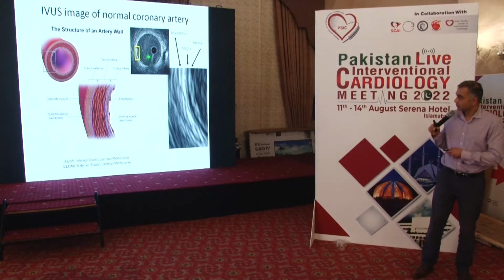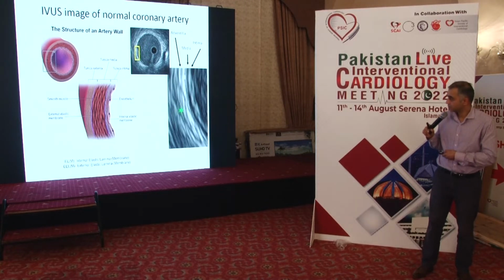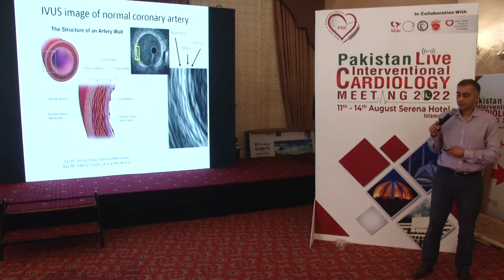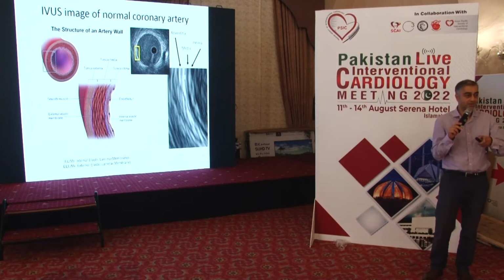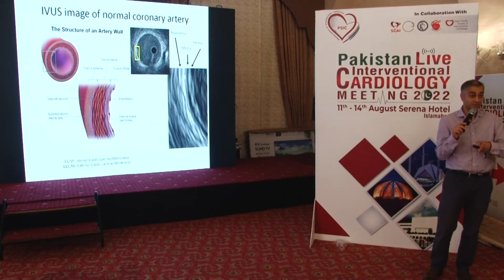Now, when you compare that to what's going on an ultrasound, and this is an enlarged picture of that, the media will appear black. So the smooth muscle cells don't reflect ultrasound, they absorb it and therefore will appear black. And that's the first thing that you want to look out for when you're doing the IVUS, because as soon as you've identified where the media is, you can then determine anything inside of that is going to be your intimal lining and your plaque. Anything beyond that is going to be your adventitia.